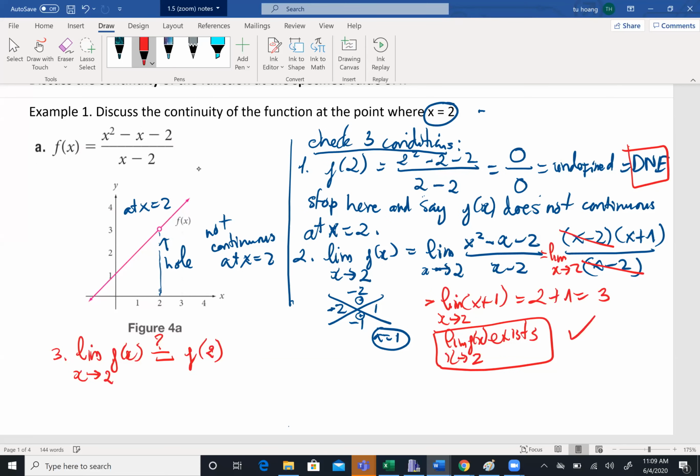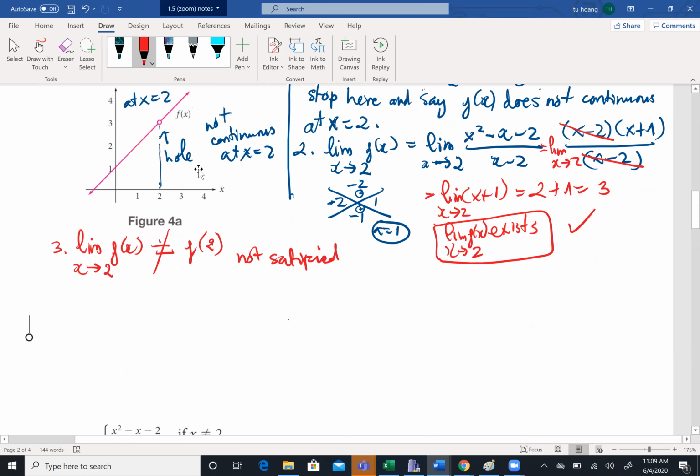You see that the limit equals 3, but f(2) is undefined, so they are not equal to each other. Not satisfied.